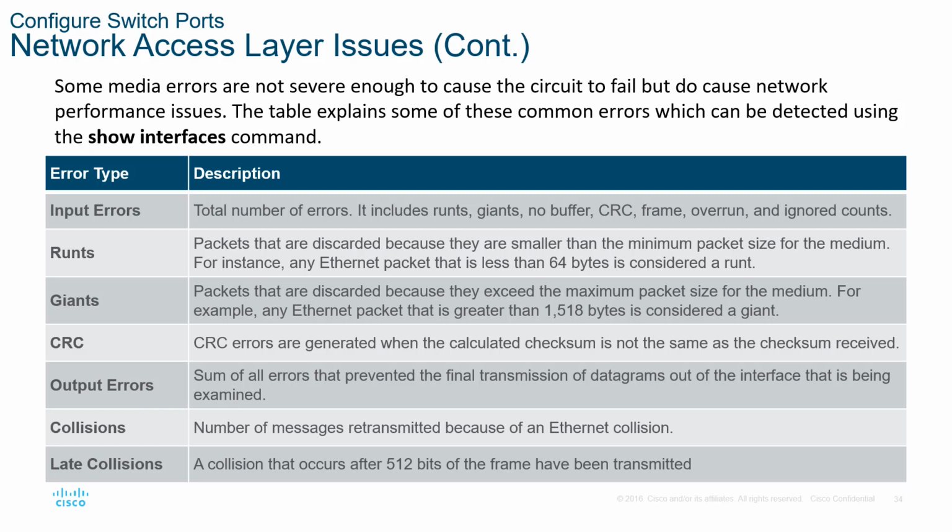Output errors are the sum of all errors that prevent the final transmission of a datagram, whether it be a frame, typically a frame because we're dealing with switches, that is being examined. Collisions are the number of messages retransmitted because of a collision, and a late collision is a collision that occurs after the first 512 bits of a frame.